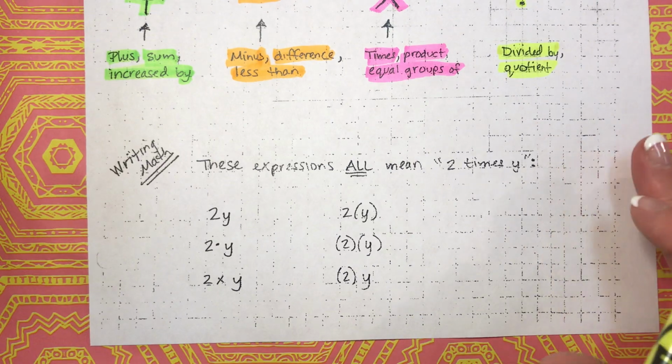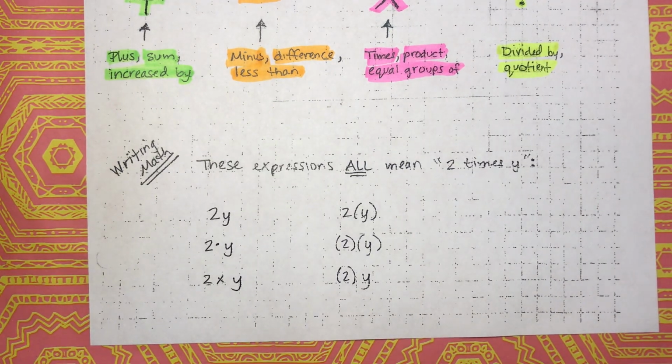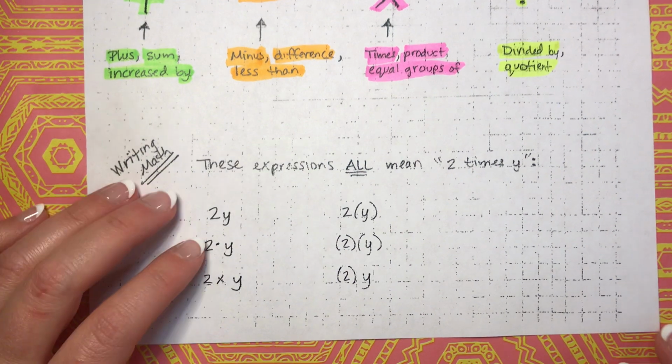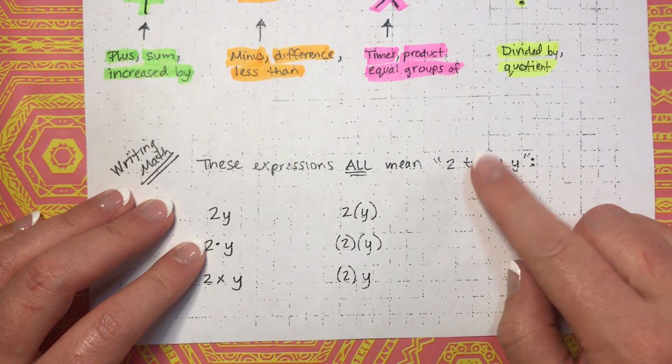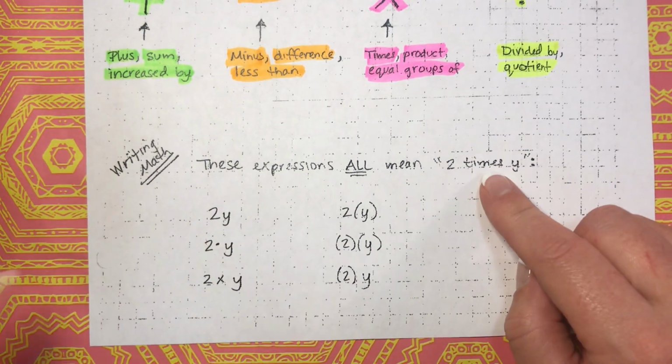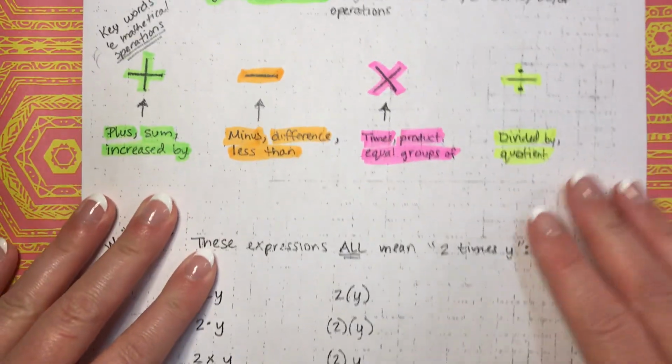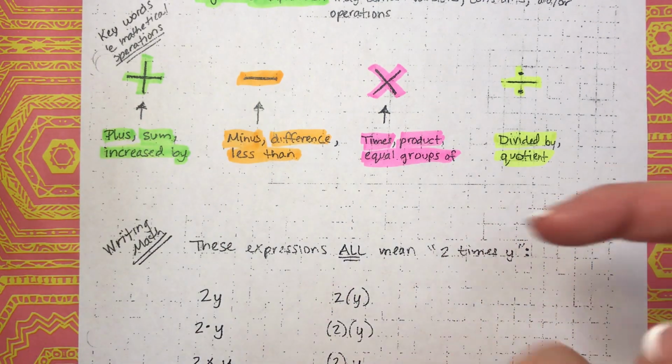So let's talk about writing math. There's all different ways to write things, and so it's very, very important we know what means what. So these expressions all mean 2 times y. Now, what type of operation? What is times? Look up here. The key word for times is multiplication. So we know that we're dealing with multiplication here.